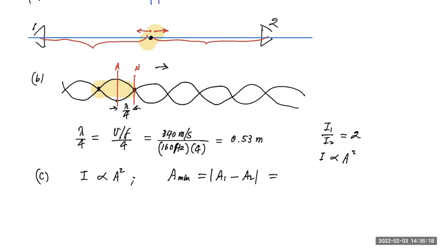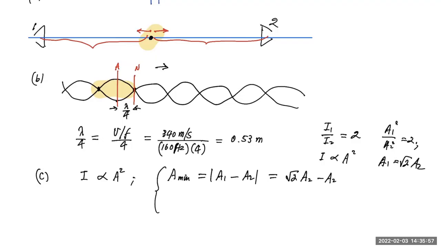So that means that when I calculate A minimum, A1 and A2 are not equal, and they don't have a ratio of 2, but I do know that A1 squared over A2 squared equals 2, or we say A1 equals the square root of 2 times A2. That's something we can use here. So it's square root of 2 A2 and then minus A2. Okay. That's A minimum. That's what happens at the node.